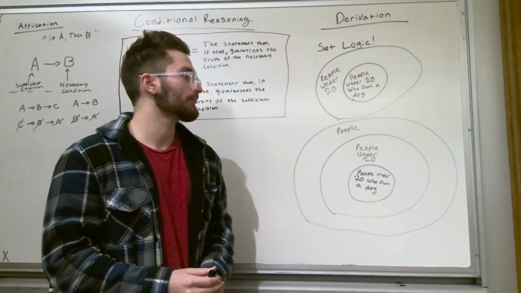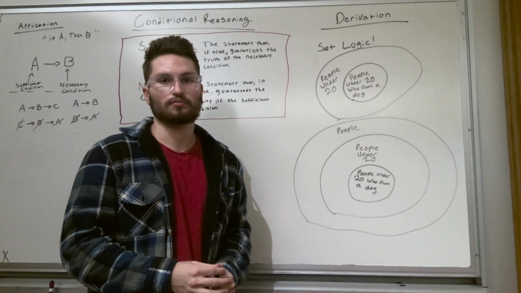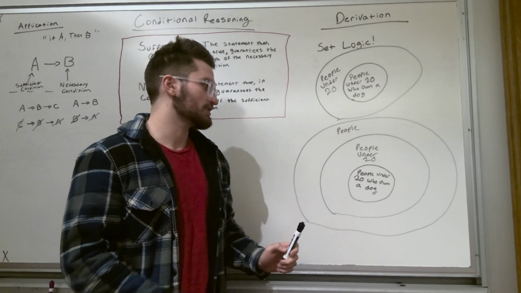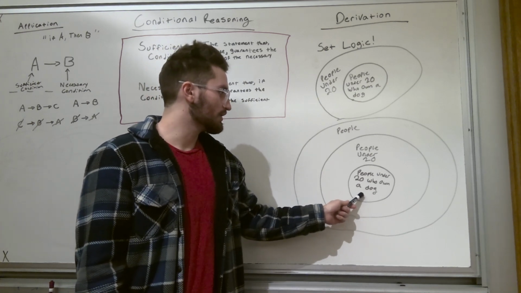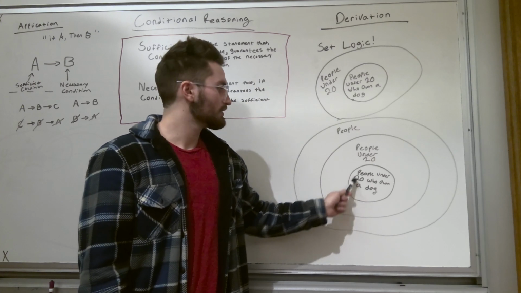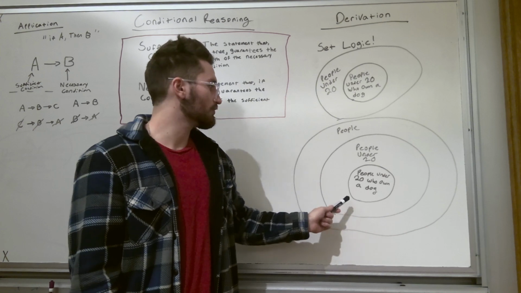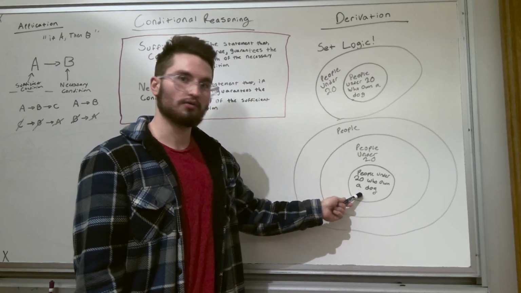So another thing to note is that with the supersets and the subsets, you can have multiple supersets and subsets. So we can have a scenario where people under 20 who own a dog is a subset of all the people under 20 in general, whereas the people under 20 is a superset of the people under 20 who own a dog.